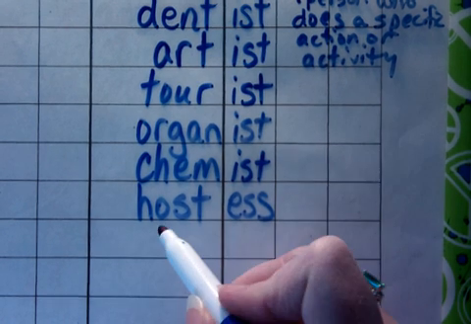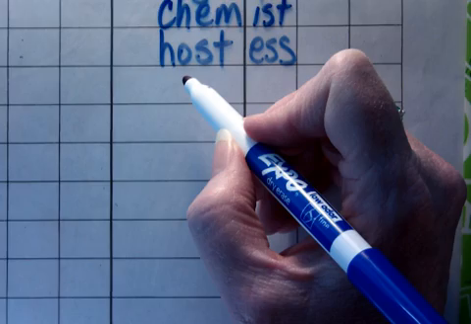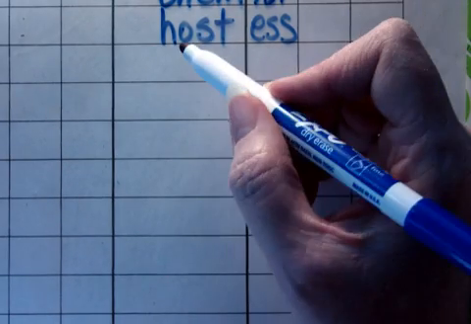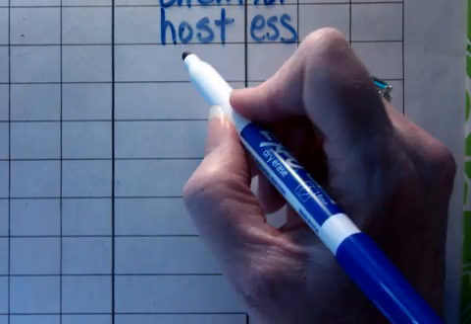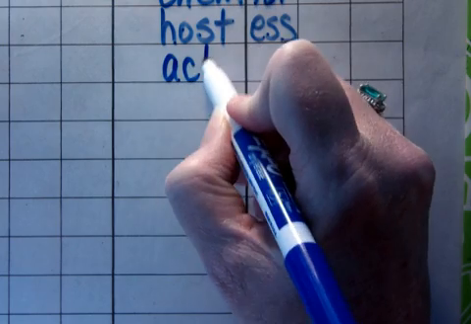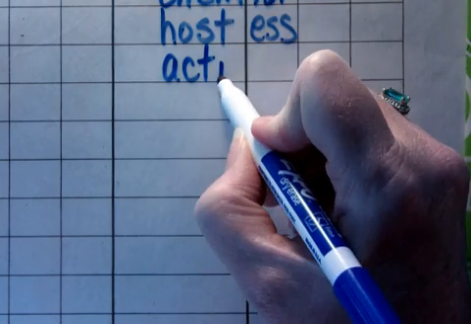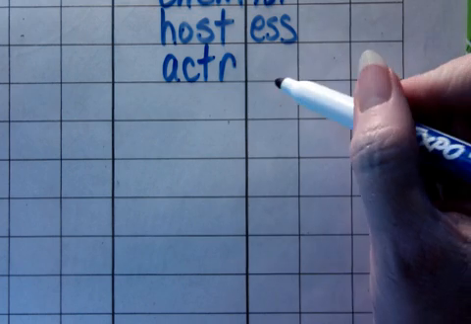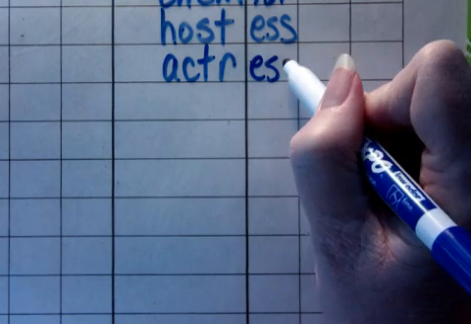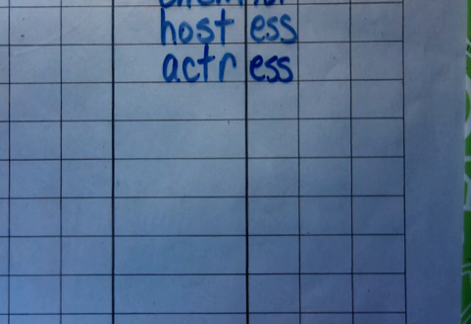The next base word is act. A-C-T. We also put the R here and then the E-S-S. Actress. The male form of this word is actor, but the female is actress.